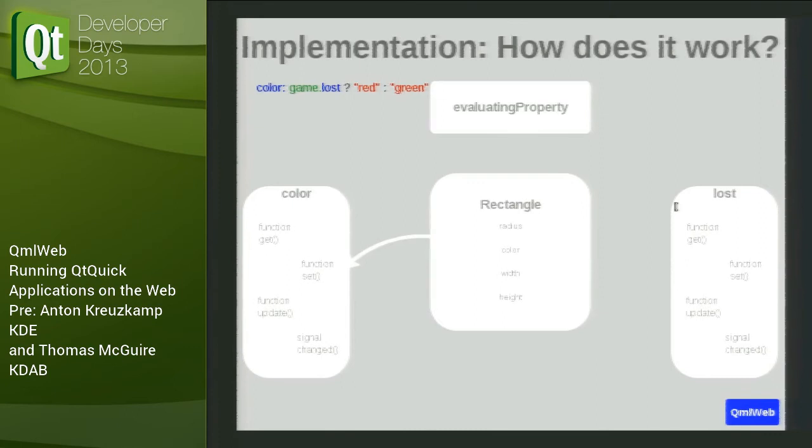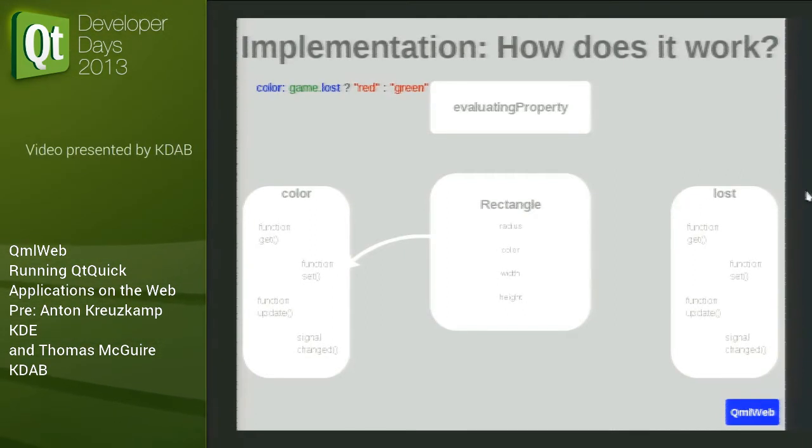The setter function will, of course, now using a simple eval, evaluate the expression of the binding. But still, we somehow need to know that color must be re-evaluated when game.lost changes.